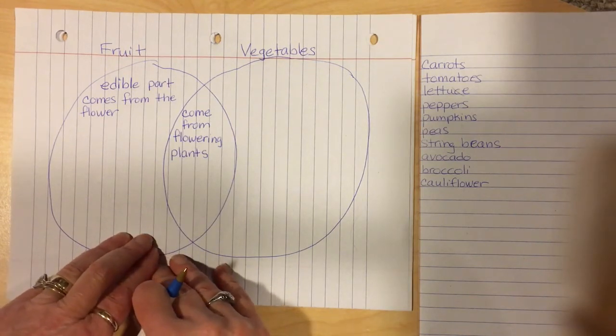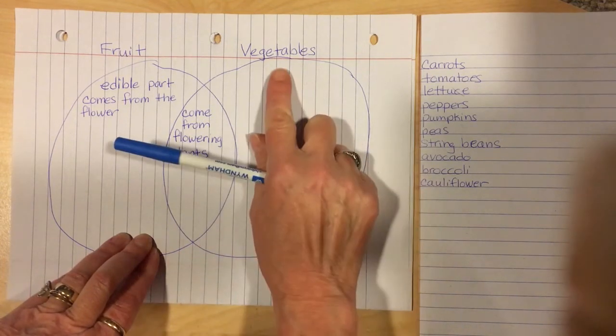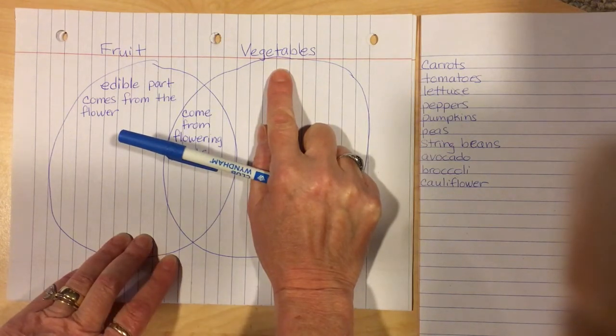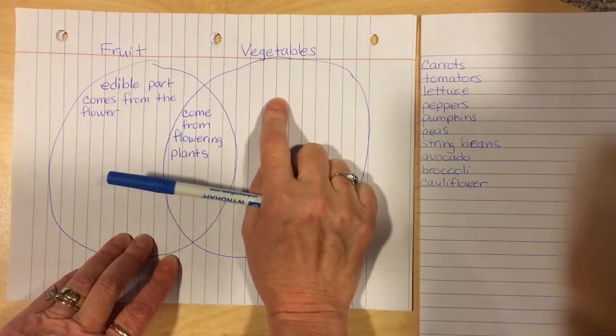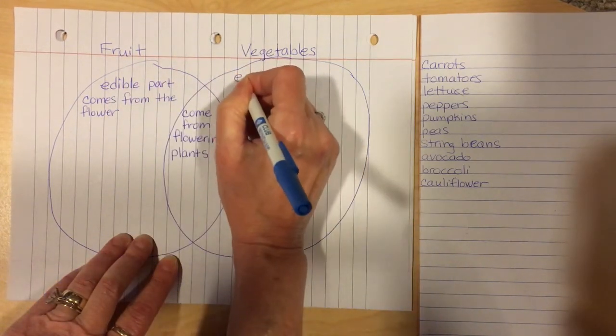Now also in the story Fruit Bowl, it told us that the edible part of vegetables comes from the roots, the bulbs, the stems, and the leaves. So let's write that. We're going to use the word edible again.